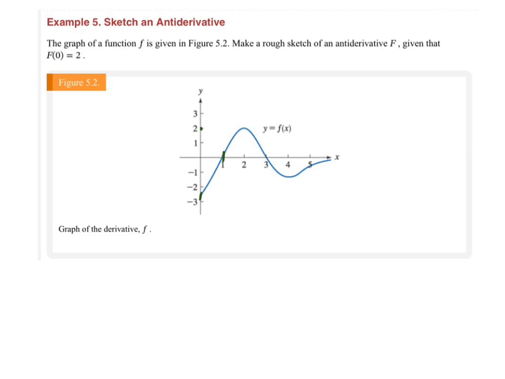Below the x-axis. So if the derivative is below the x-axis, then the derivative is negative. So what does that tell you about your function? It's going to go down. Your function's decreasing. So on the interval from 0 to 1, your function should be decreasing.